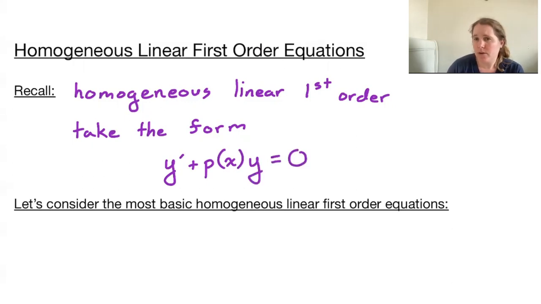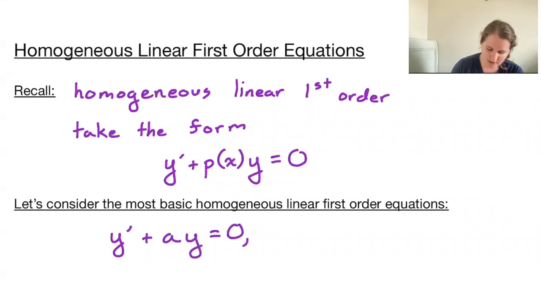So we're going to start off with the most basic homogeneous linear first order equations. Let's just consider p of x to be a constant function. We'll take y prime plus a y equals 0, where a is a constant.